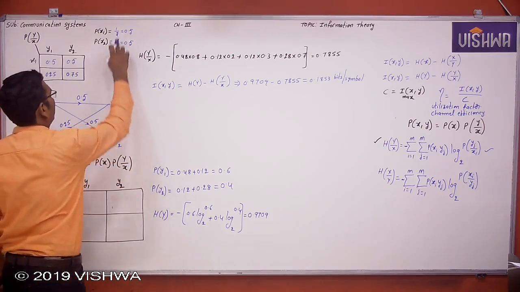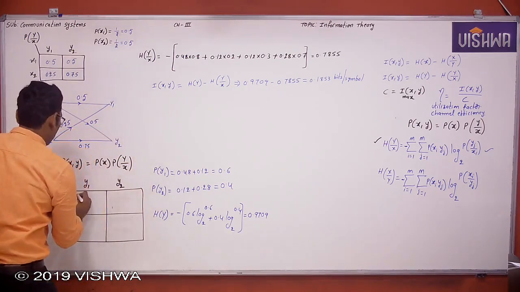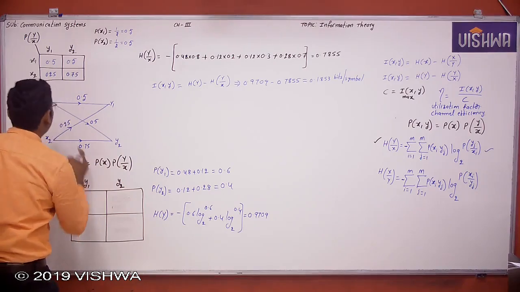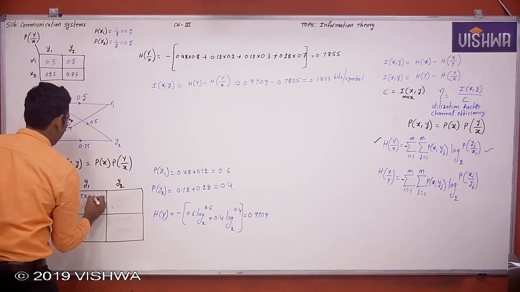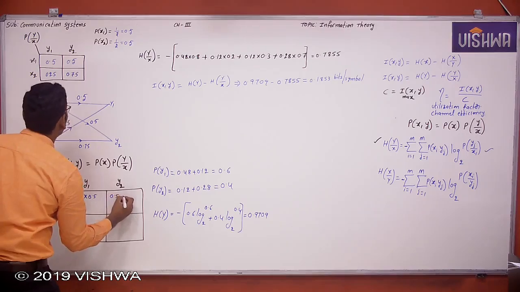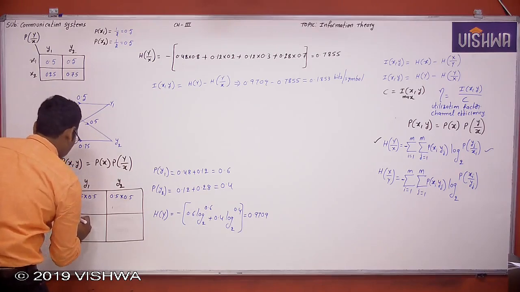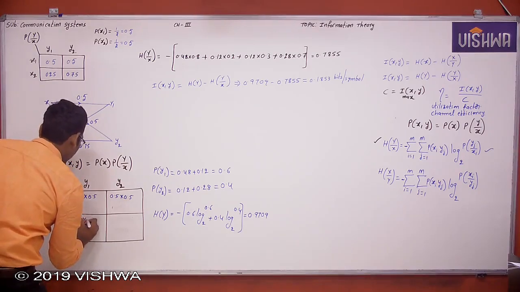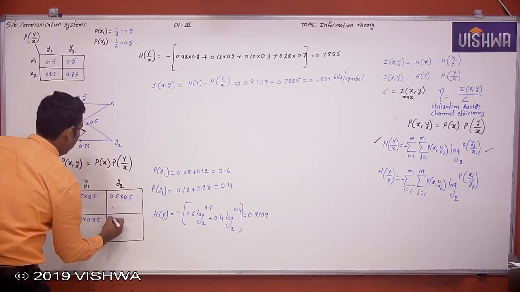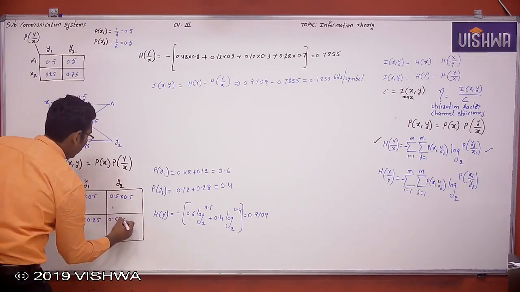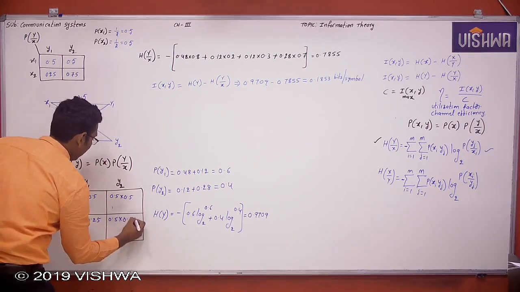X1 and X2 are equiprobable, so 0.5 into 0.5, 0.5 into 0.5, then 0.5 into 0.25, next 0.5 into 0.75.